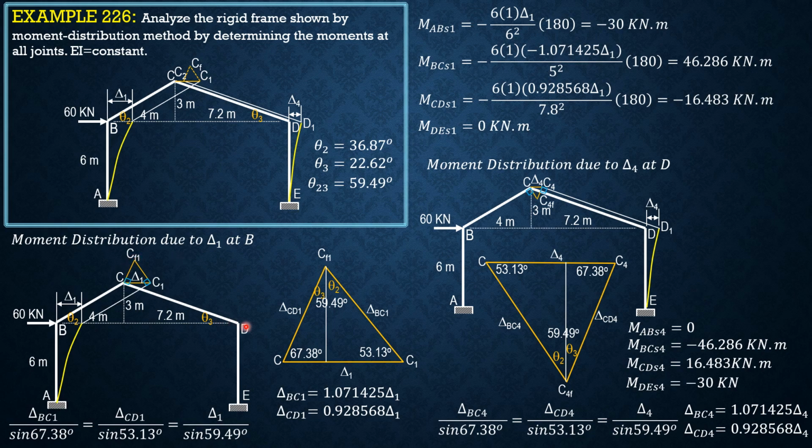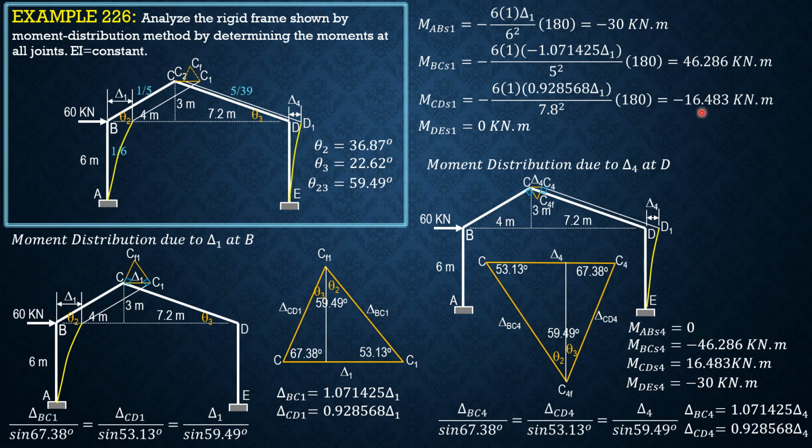Moment CD4 due to side sway: the rotation is clockwise for BC, but for CD4 it's counterclockwise, since this is the final position and this is the displacement. So for CD, delta CD4 is negative, and negative 6 EI times delta CD4, which is negative, becomes positive.